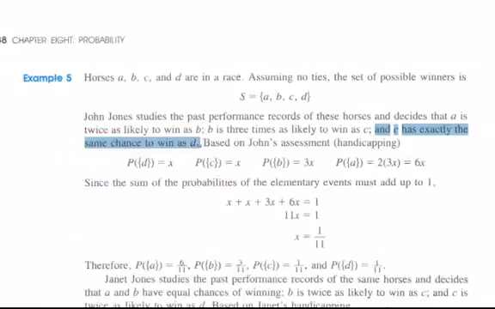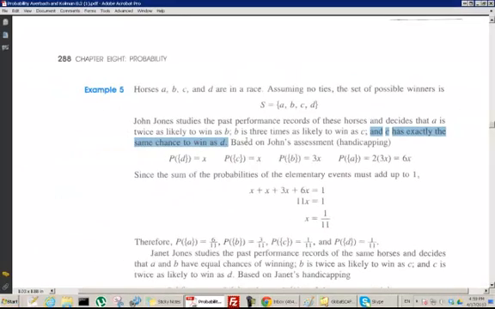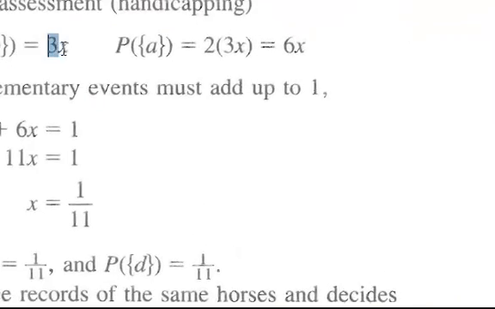Based on John's assessment, which is called handicapping when you're talking about horse racing, the probability of D and the probability of C are both the same, so we'll call that x. But the probability of B is, I'm sorry, 3 times as likely as C, so that should be 3x.